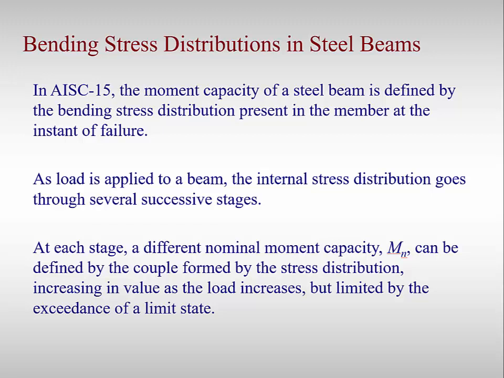At each stage of loading, a different nominal moment capacity, designated as capital M sub n, can be defined by the couple formed by the stress distribution present at the time of failure. The nominal moment capacity increases in value as the load increases. The nominal moment capacity will be limited by the exceedance of a limit state.